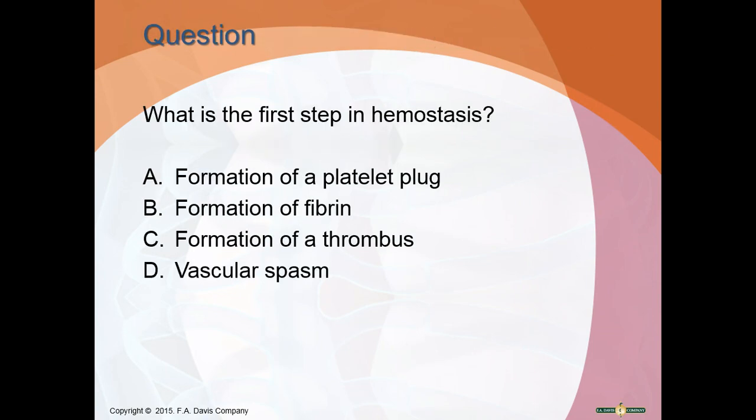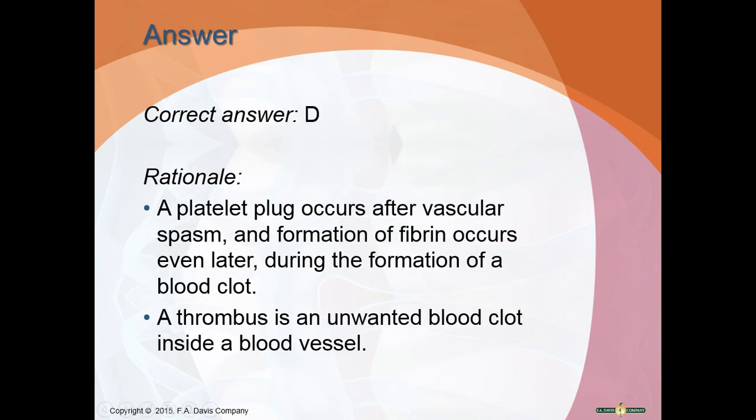So what's the first step in hemostasis? Formation of a platelet plug, formation of fibrin, formation of a thrombus, or a vascular spasm? What's the very first thing that happens? The correct answer is D, vascular spasm.